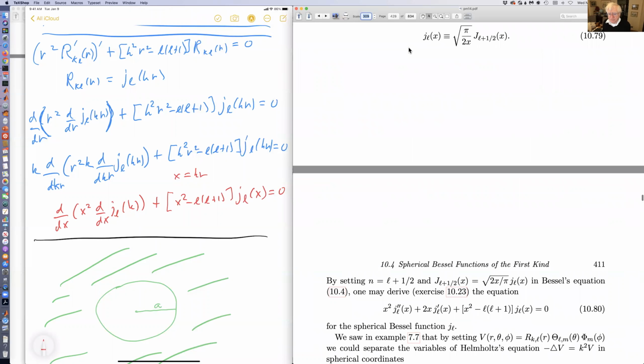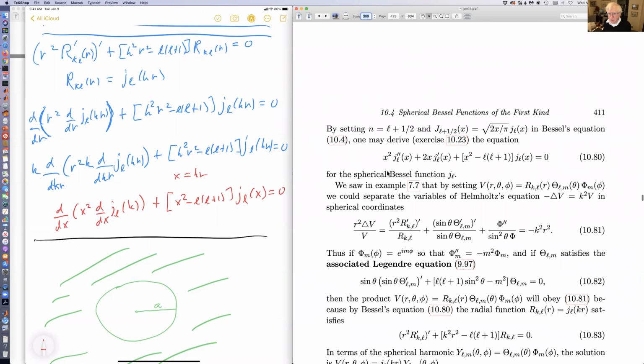So Bessel's equation for the spherical Bessel function is this.